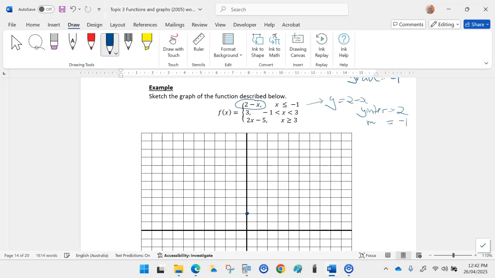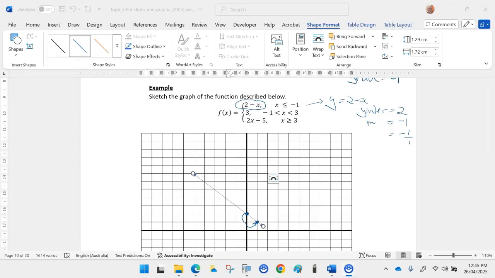Mark that point, that's its y-intercept. And it's got a gradient of -1, which means that if you write it as -1 over 1, to find another point, it goes down by 1, over by 1. There's another point that would go through the line y is equal to 2 minus x. So I could draw a straight line through those 2 points.